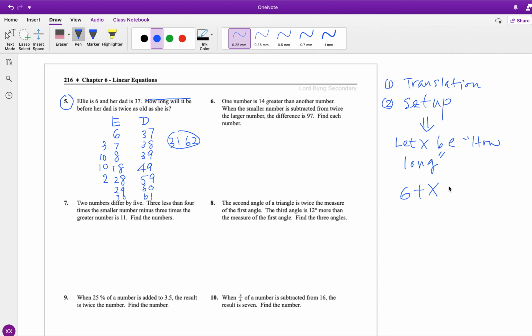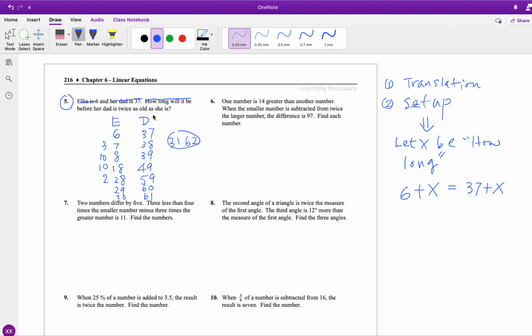And then the dad's age will be 37 plus X, right? So that also means this Ellie 6, dad 37, already reflected over here, plus X.